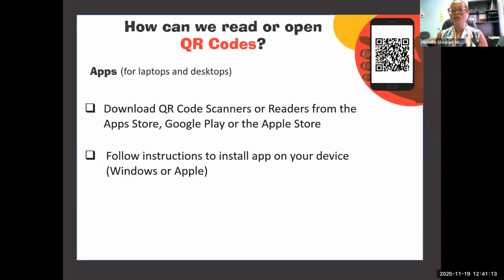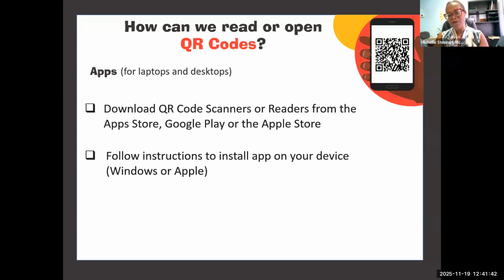So they can open the QR code by using apps. They can go to the Google Play Store or the Apple App Store, and they can look for QR code scanners and readers. There are so many of them. But what you can do is, while you go through, look at the reviews, look at the number of persons who have downloaded and given reviews.